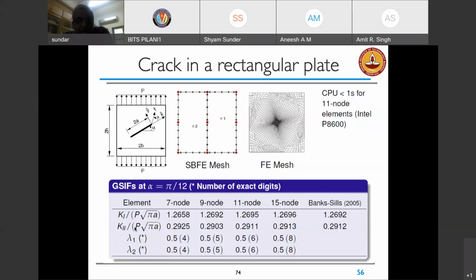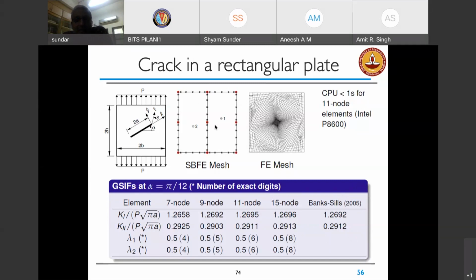So now if I compute the stress intensity factor, when we compare with the solution that is available from the literature, the stress intensity factors are quite close, both K1 and K2.